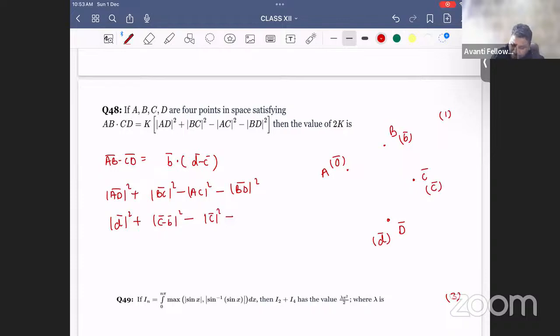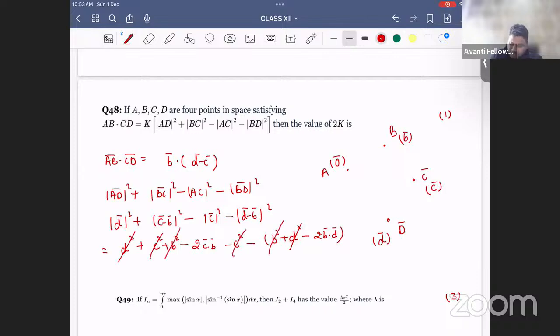B to D is D minus B square. Got it? So this is going to be D square plus C square plus B square minus 2 times C dot B minus C square minus B square plus D square minus 2 times B dot D. Correct? D square cancel, C square cancel, B square cancel.